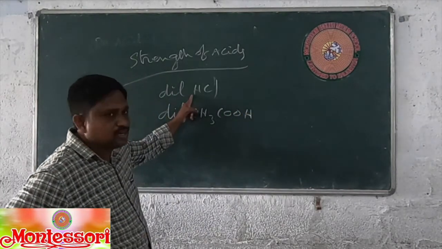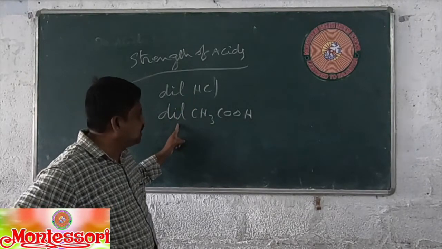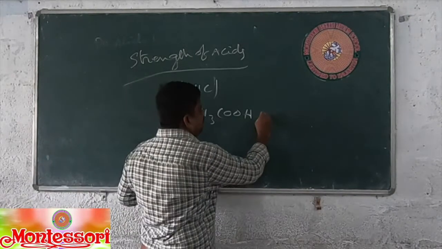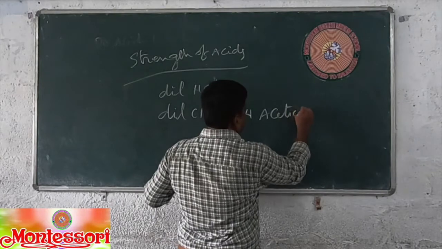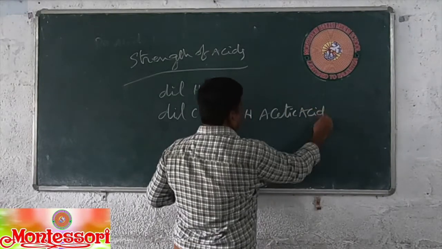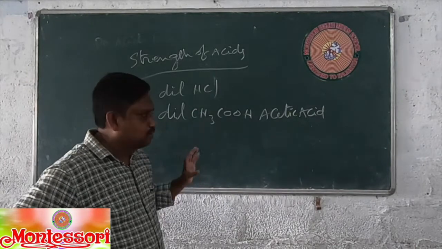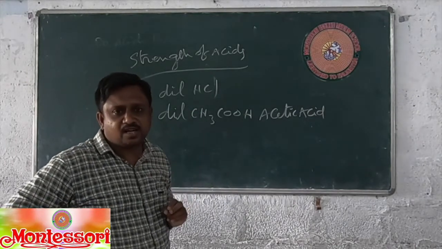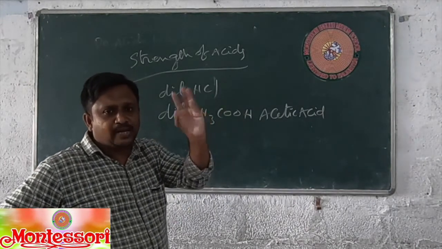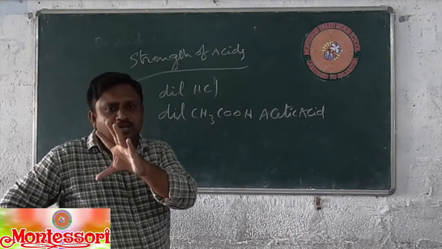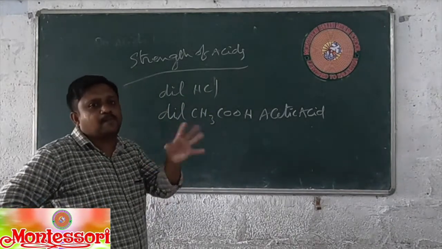One is dilute hydrochloric acid, and another is dilute CH3COOH, nothing but acetic acid. Do these activities separately. Same setup: one beaker, two graphite rods, connected to a plug and to a bulb in order to show the intensity.